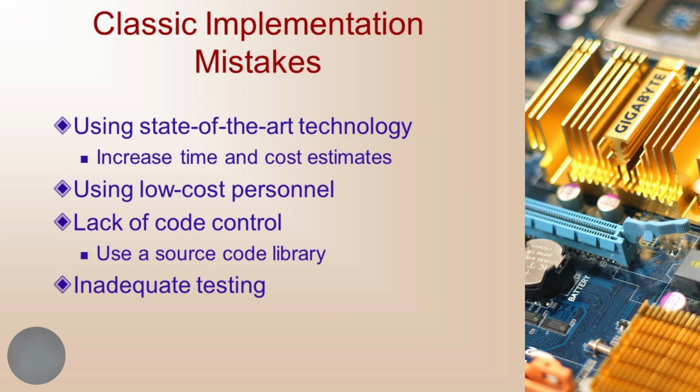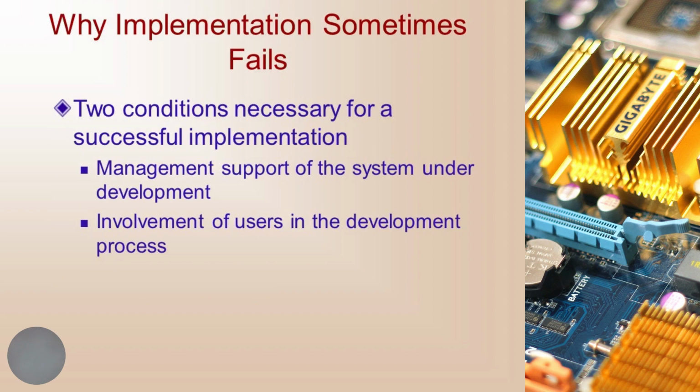Classic implementation mistakes: using state-of-the-art technology, because it increases time and cost estimates; using low-cost personnel; lack of code control, so use a source code library; or inadequate testing. Why does implementation sometimes fail? Two conditions are necessary for a successful implementation: management support of the system under development, and involvement of users in the development process.